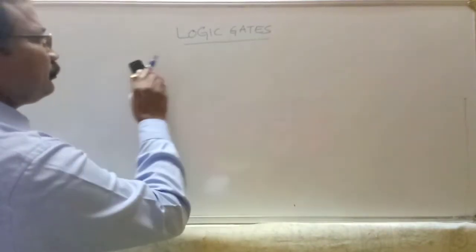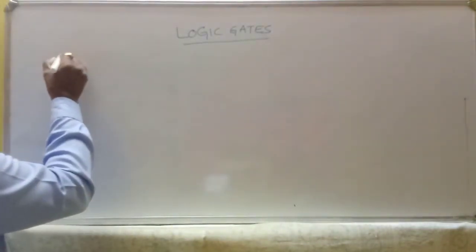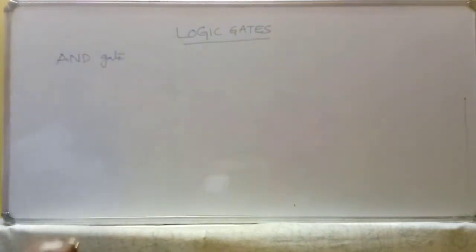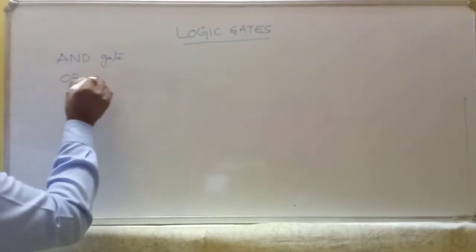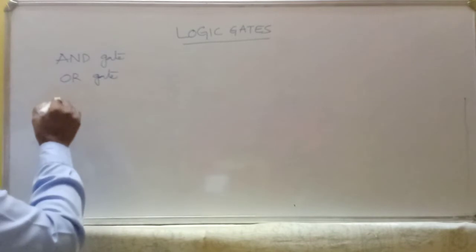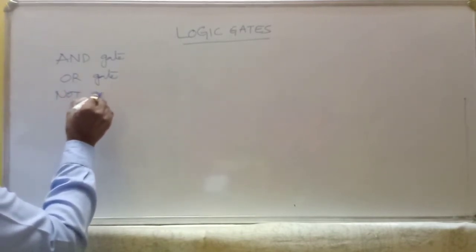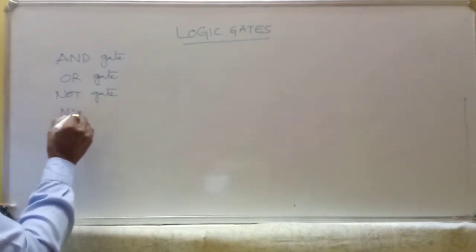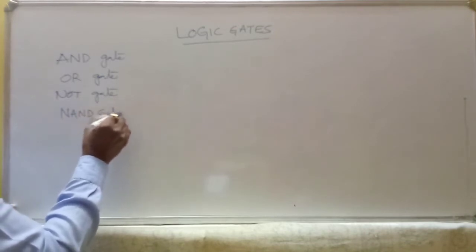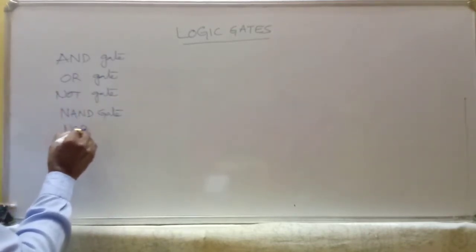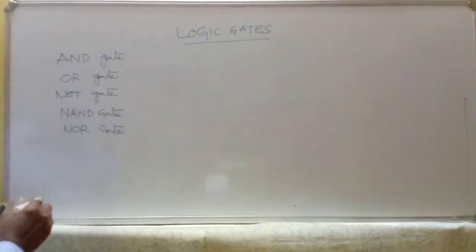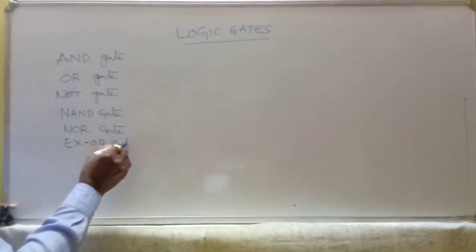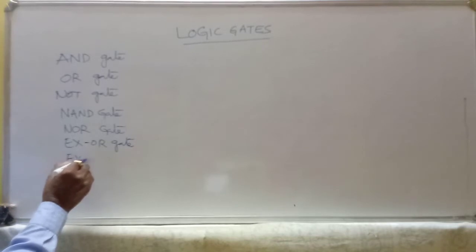They are AND gate, OR gate, NOT gate, NAND gate, NOR gate, XOR gate, and XNOR gate.